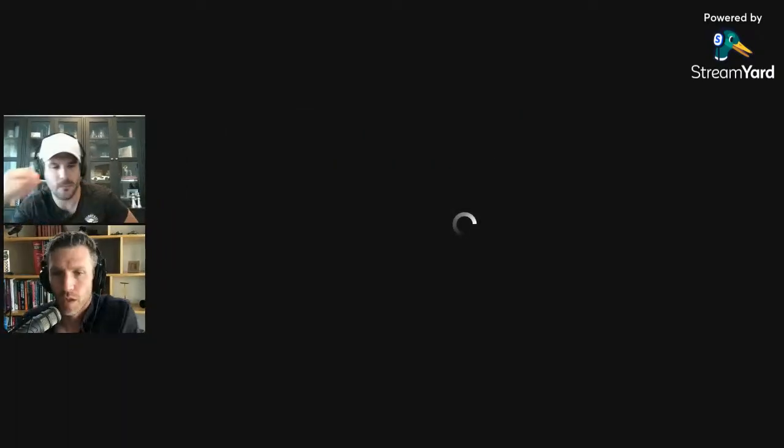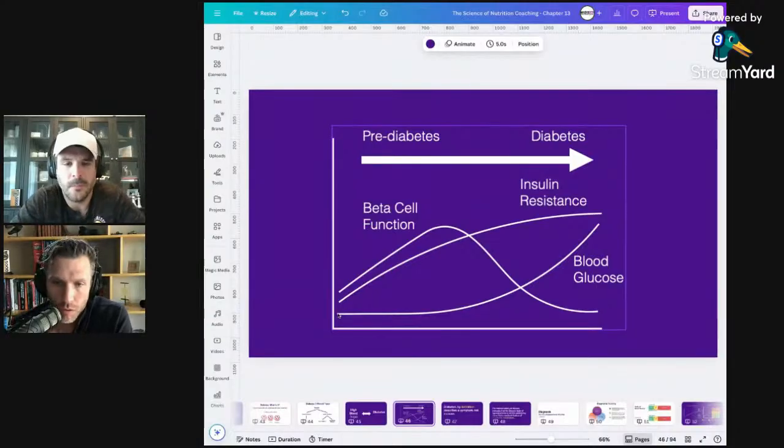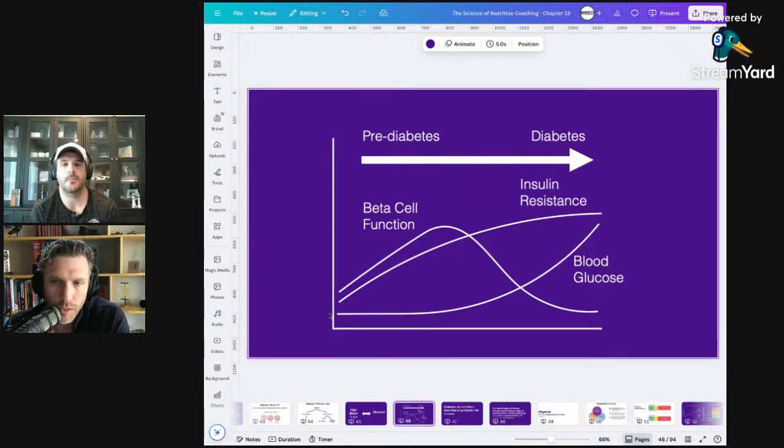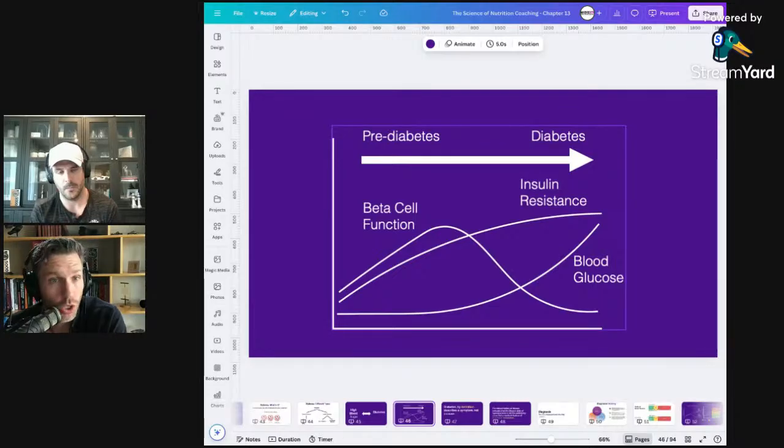Okay. So this is kind of the start, normal. This bottom line is blood sugar, blood glucose. As you develop insulin resistance, so you start to gain body weight, you're in an energy overload state for extended periods of time, your beta cells, so the cells in your pancreas that produce insulin, start to work overtime.